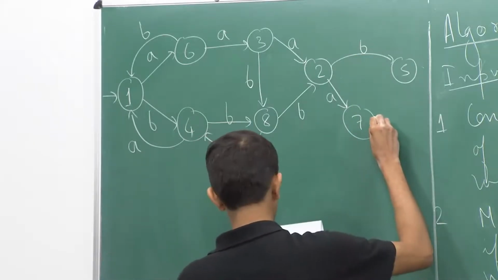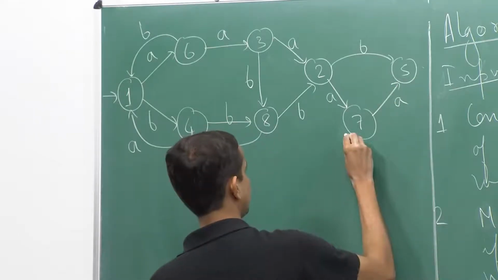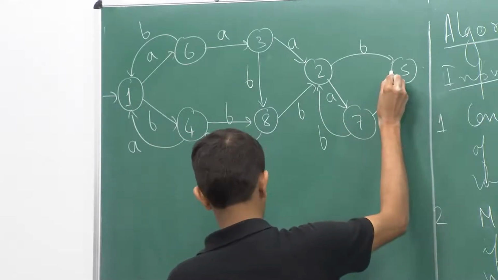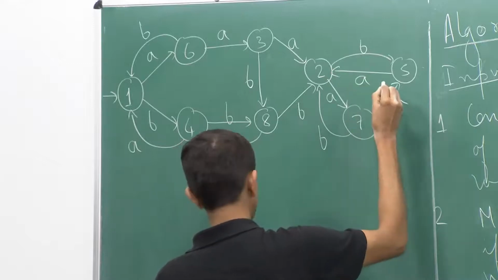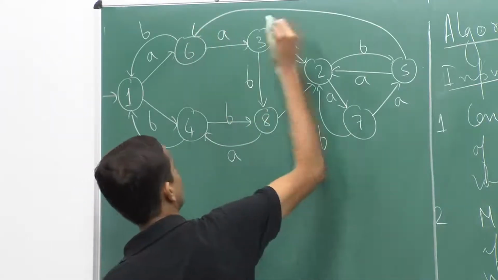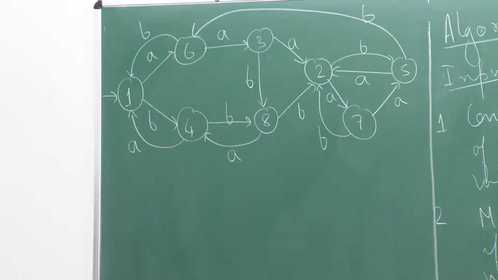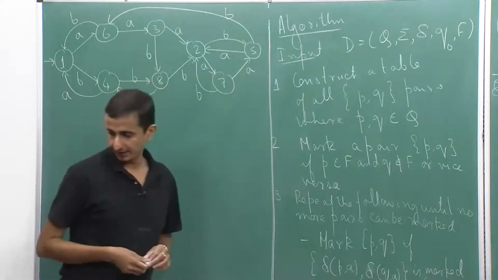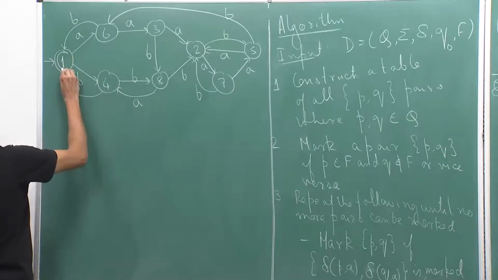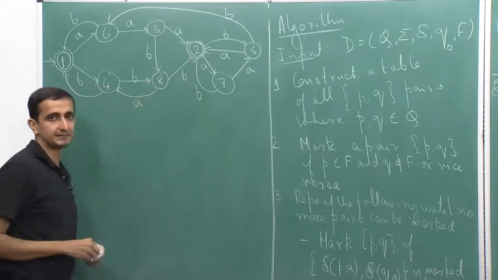From 7 on an A I go to 5, and on a B I go back to 2. From 5 on A we go to 2, and on B we go to 6. Okay. So, this is the entire DFA, and the accept states are 1 and 2. So, 1 is an accept state and 2 is an accept state.